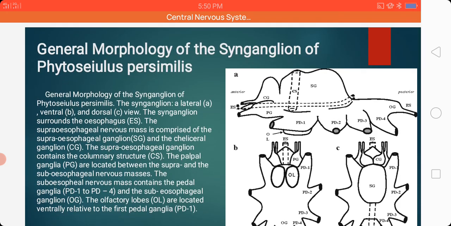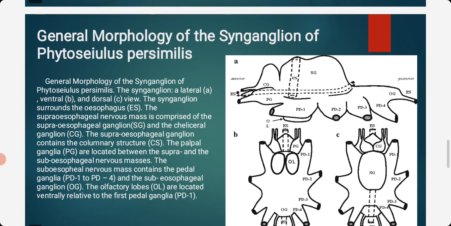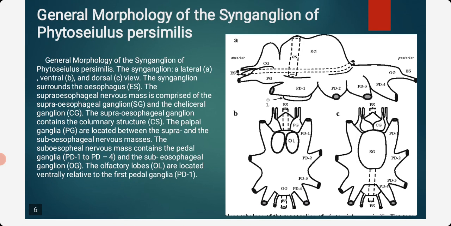So, next is the general morphology of the ganglion of Phytoseiulus persimilis. So, ito yung morphology ng ganglion of Phytoseiulus persimilis.